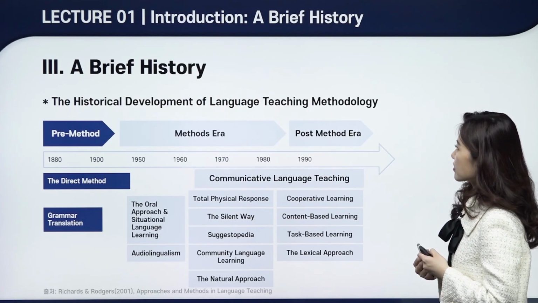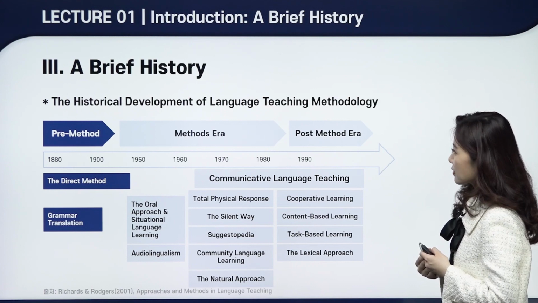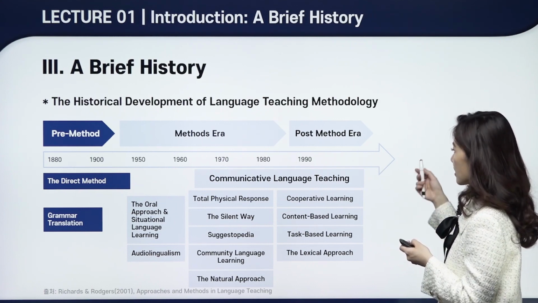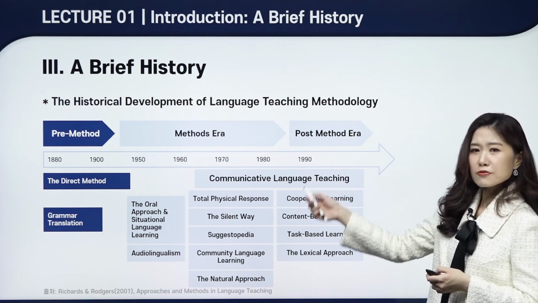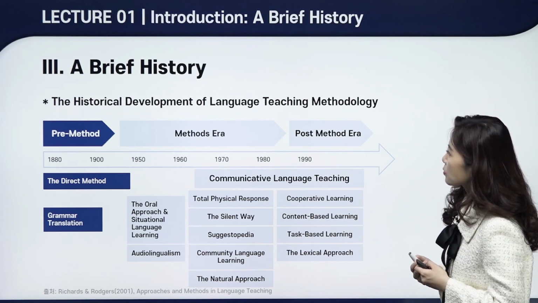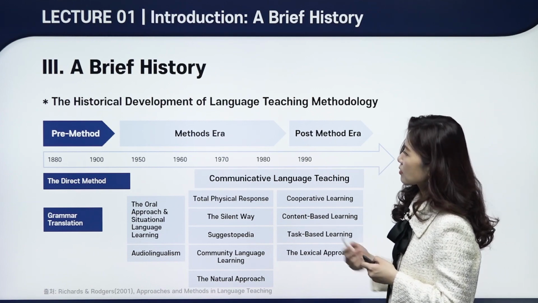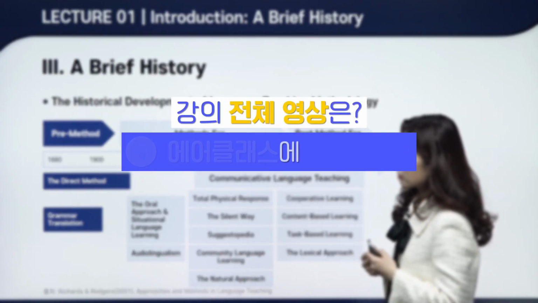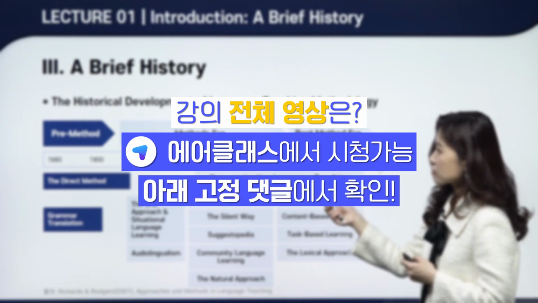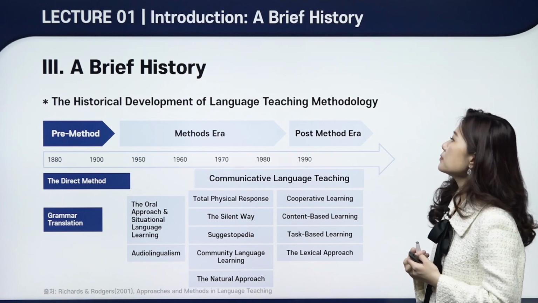Okay, so here is an overview of the history of development in language teaching. So if we start from 1880, the pre-method era, there was the direct method and grammar translation method. We'll have a look at these different methods in more detail later.